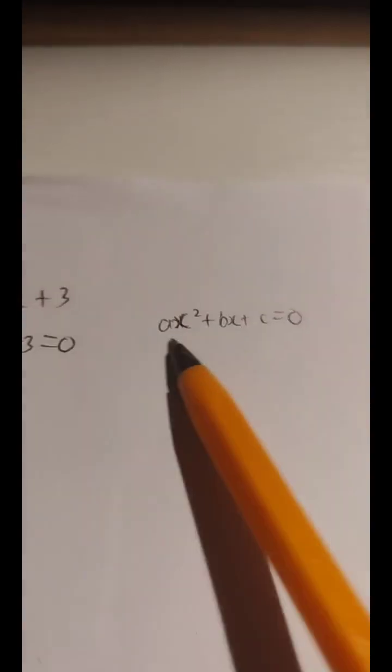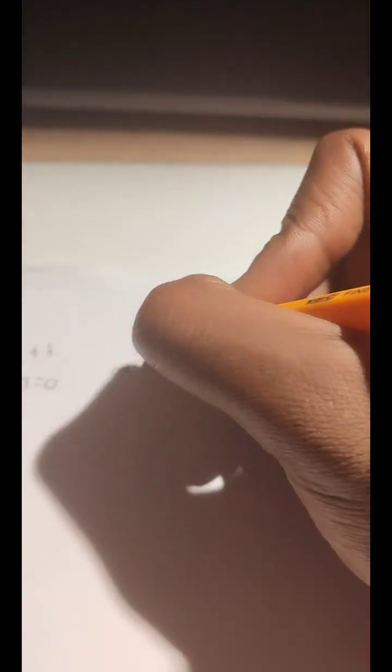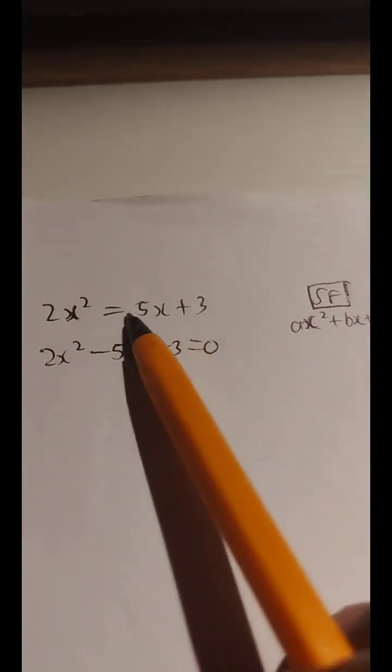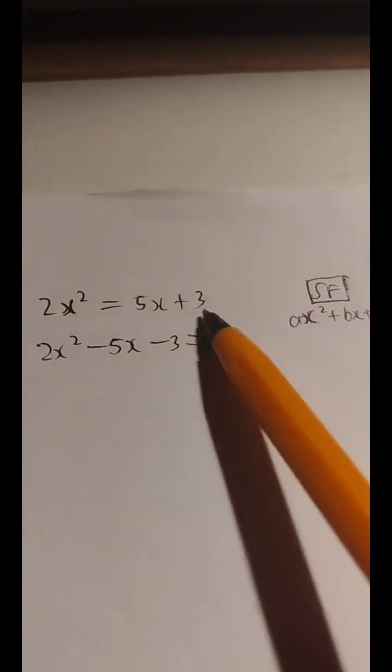We need to first write this equation in what we call standard form. We write a quadratic equation in the form ax squared plus bx plus c is equal to 0. Here all we needed to do was transpose 5x and transpose 3.